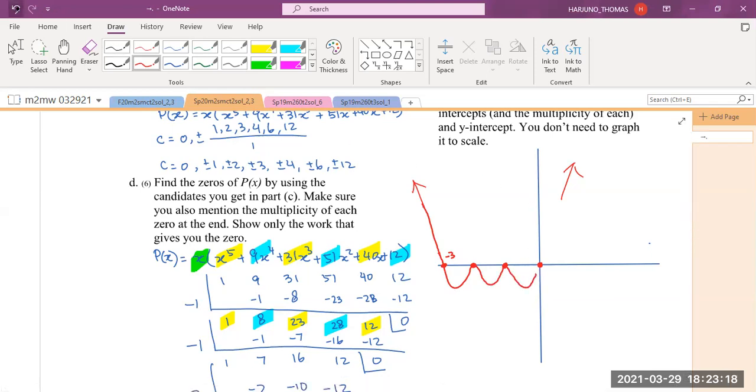It's too sharp there, sorry. So this is -2, this is -1, this is origin. That's the sketch of the graph approximately.